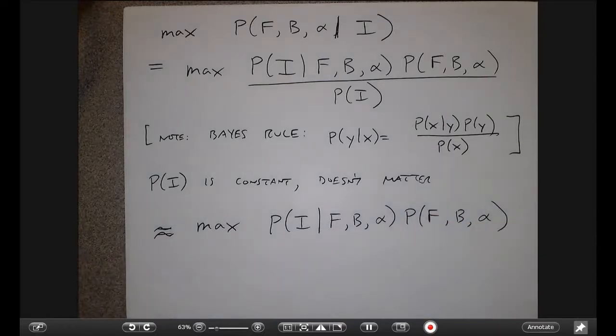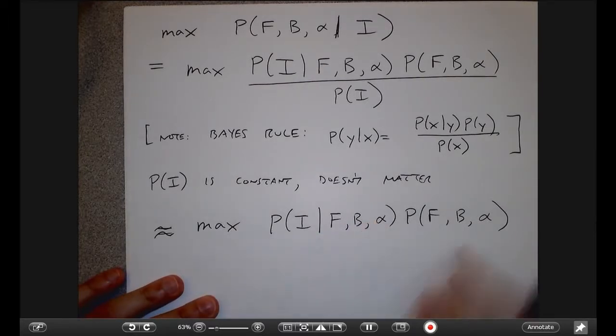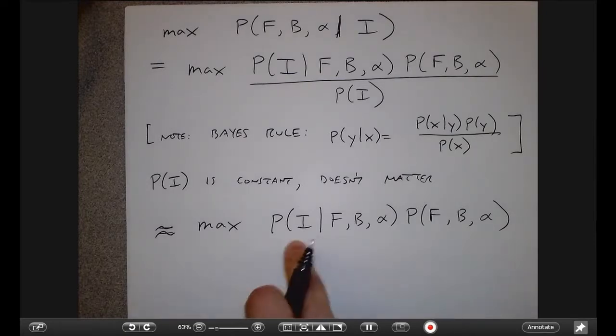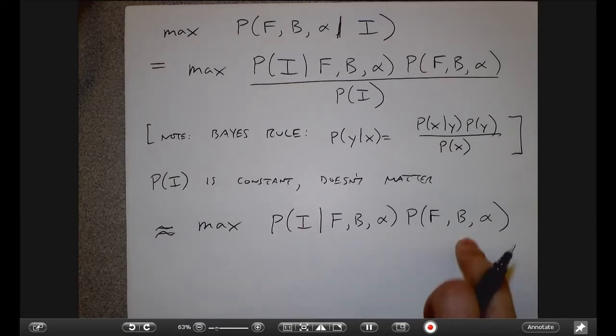And so the idea here is that there are two terms, right? One is saying if I told you what the foreground, background, and alpha were, what would be the probability of observing the given color in the image? And the other one is a term that says basically on their own merits, what's the probability of having that foreground, background, and alpha term?